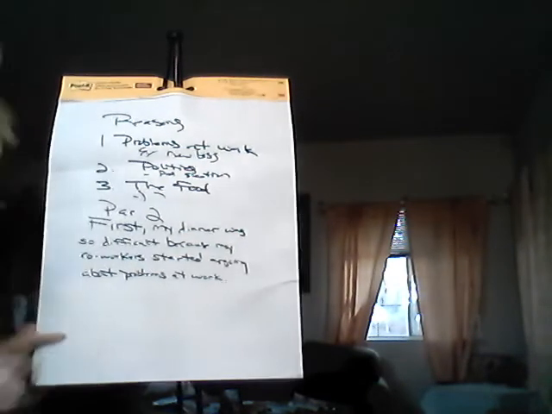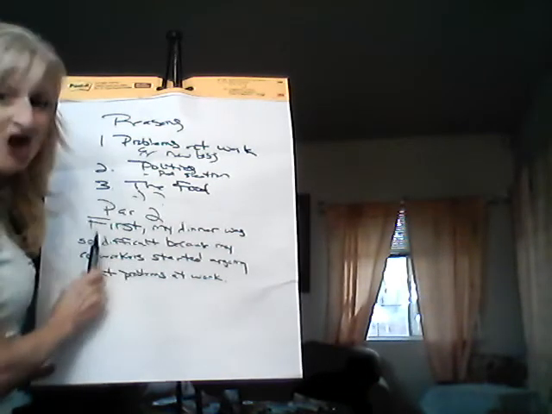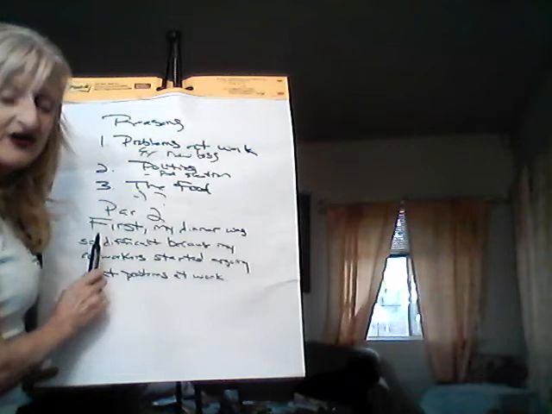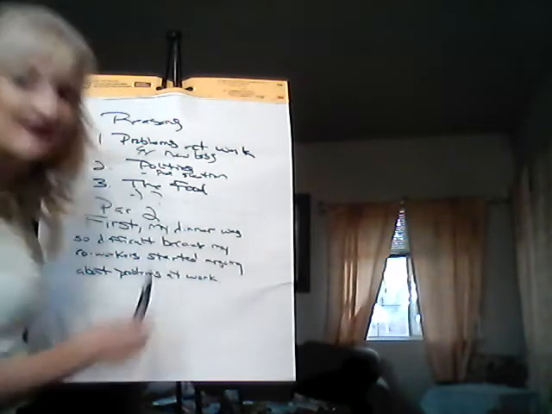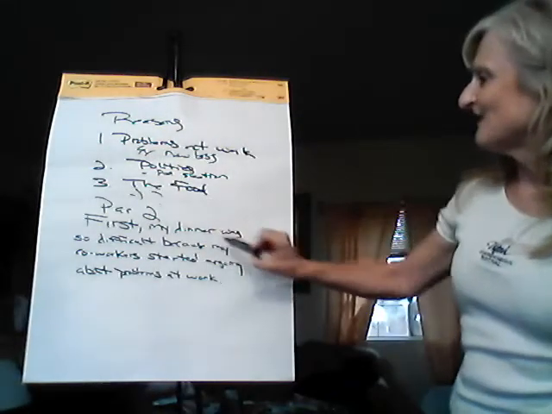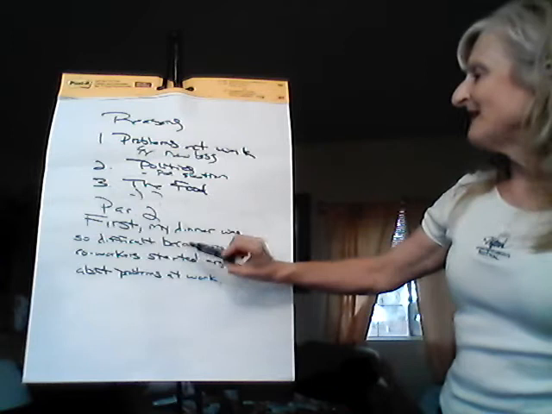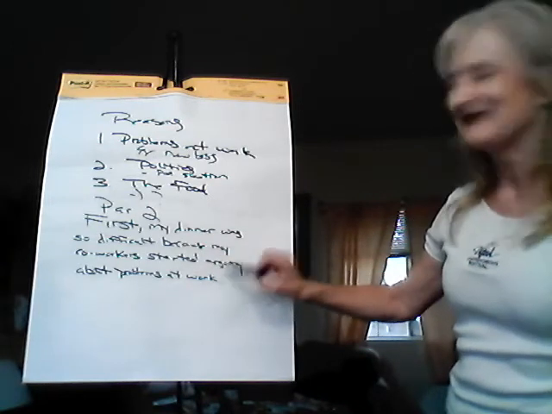Okay, this is what I've written. So I've taken this idea and I've turned it into a topic sentence to start paragraph 2. So for example, first, here's my transition word, right? All right, so first, my dinner was so difficult because my coworkers started arguing about problems at work.